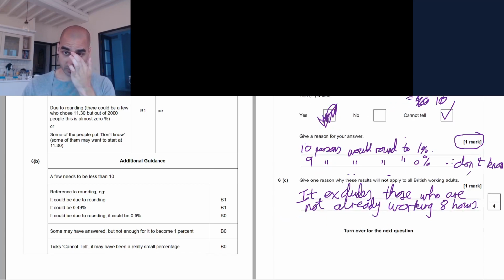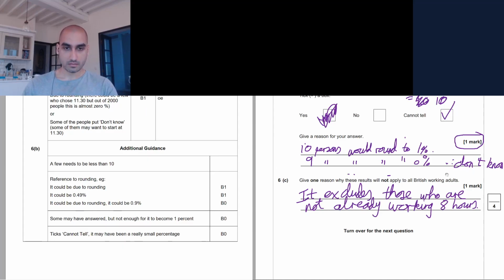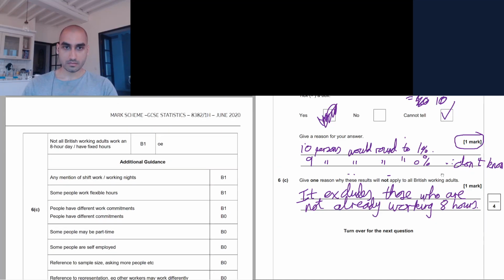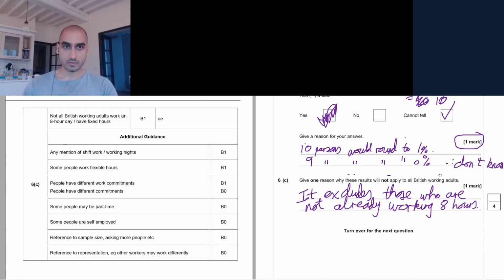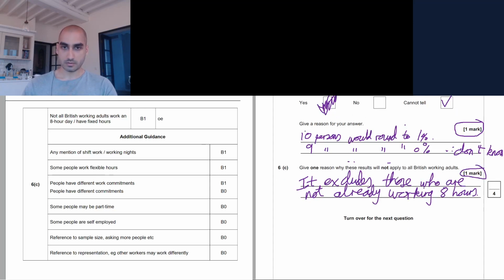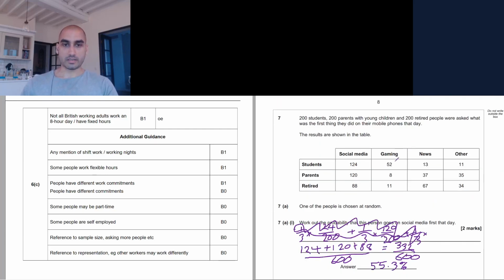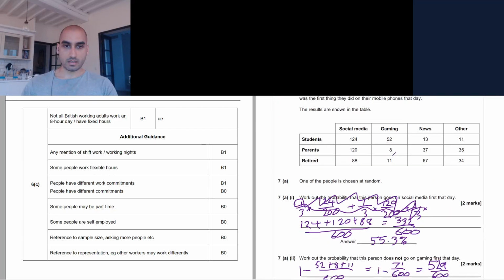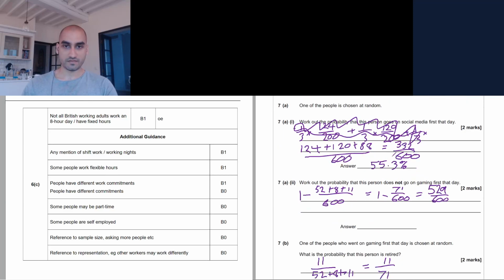Give one reason why these results will not apply to all British working adults. Not all. Yeah, that's what I said, basically. Okay, 7AI, 55.3.